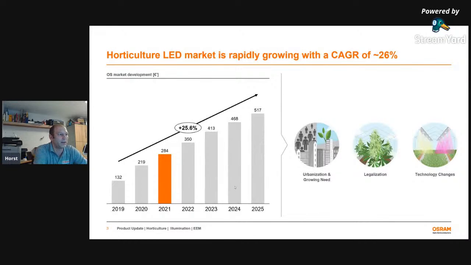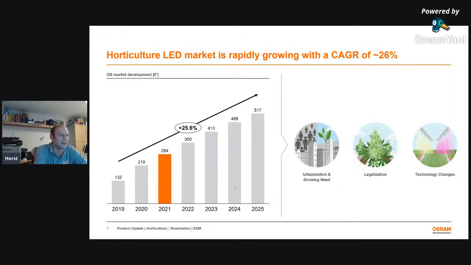So the horticulture market is growing rapidly, and there are some reasons for that. When I remember back to when it started with horticultural lighting, I think it was around 2010, 2012. We were at the Light+Building fair in Frankfurt, and some guys appeared. They had a box with some red and blue light inside, and some plants below. They could show and prove that by applying the right spectrum, or at least the wavelengths which are needed, you can grow plants quite well with artificial light.